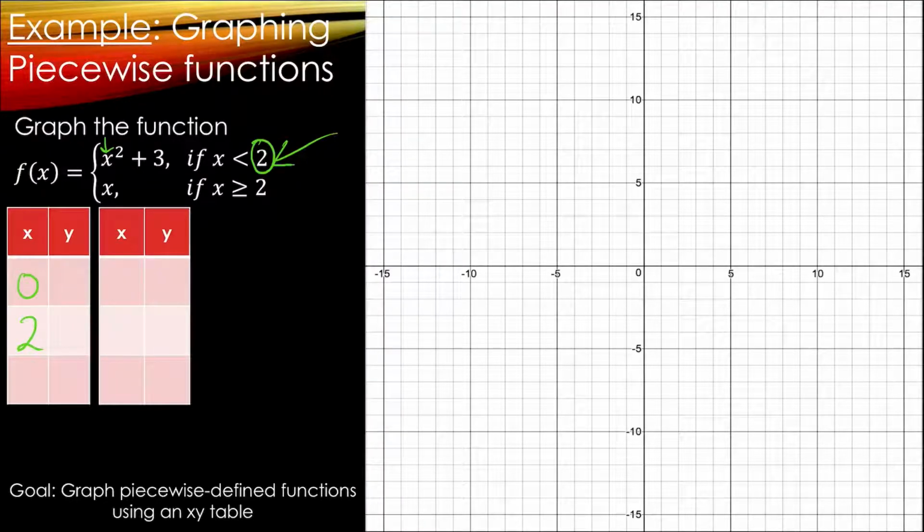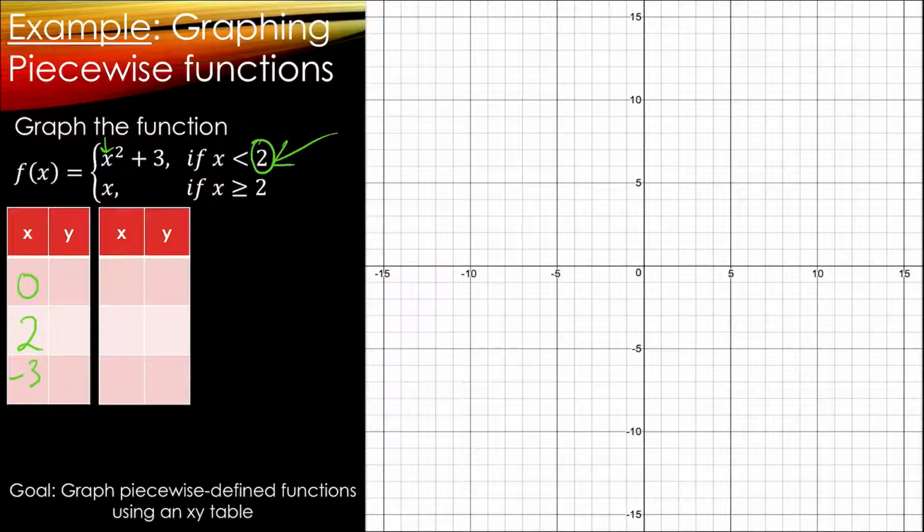And then notice my x kind of gives me a restriction. It has to be something that is less than 2. So 2 is my number that's bigger than 0. We want to find something on the other side of the vertex. So let's do like a negative 3. Okay.